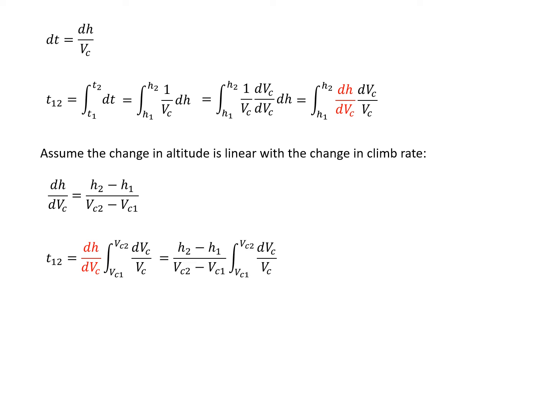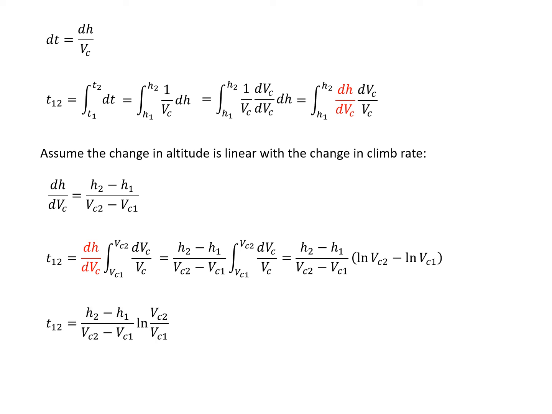So we further apply the assumption. We can have this part, and then the integration, apparently we can integrate it into ln Vc2 minus ln Vc1. And finally, we can write it in a more concise form like this.